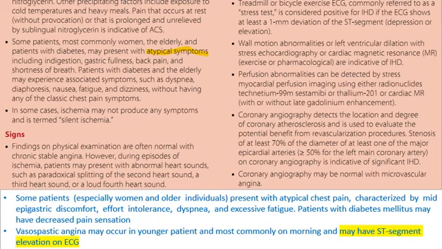This is due to the peripheral neuritis that occurs in diabetic patients, and the patient cannot describe pain, but other symptoms may appear, including nausea, vomiting, indigestion, diaphoresis, and others.